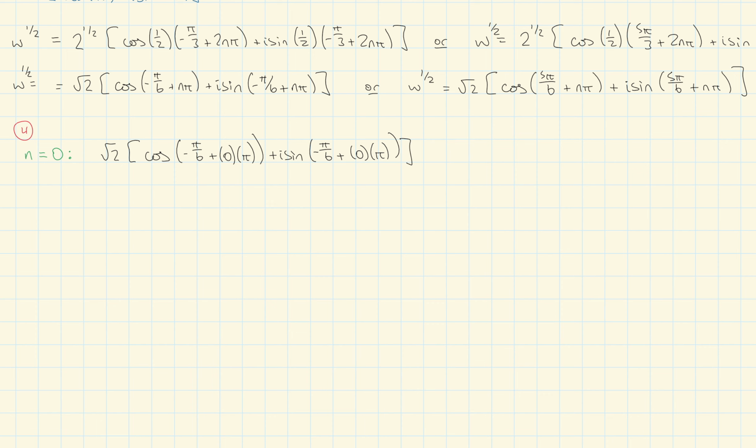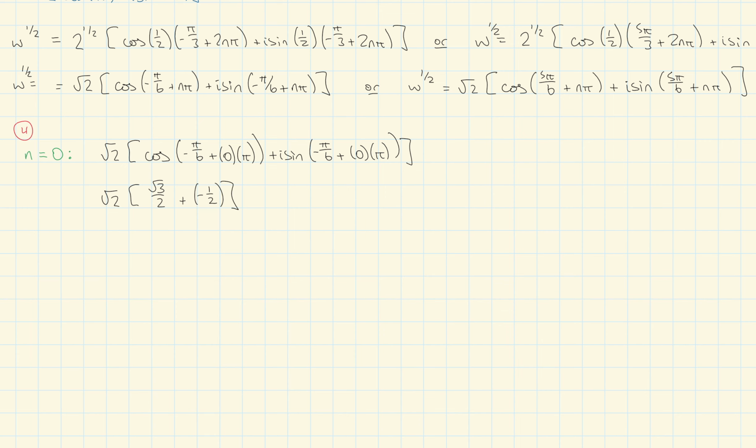And just bracket into your calculator. So we'll get root 2. And I'm just going to put the whole thing in, so cos of minus pi over 6 plus 0 times pi will give me root 3 over 2 plus, swap your cos for sine, minus a half.